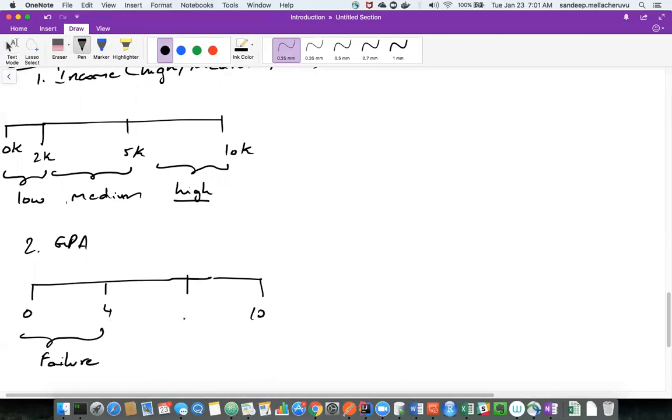If your GPA is between 4 and 6, probably you pass. And if it is 6 to 8, it's more like, what should I call? It's a long time since I passed out, I don't remember.